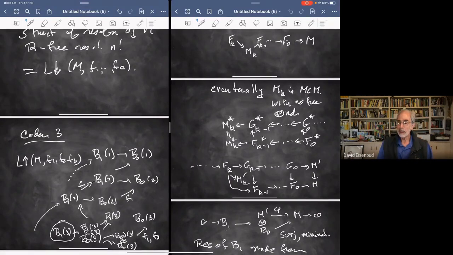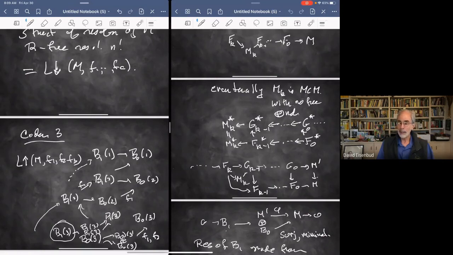In the codimension 2 case already, there is no uniform bound, but you can bound it in terms of the Castelnuovo-Mumford regularity of an X module over some polynomial ring. So that's a whole other story, but there's a regularity that creeps in.